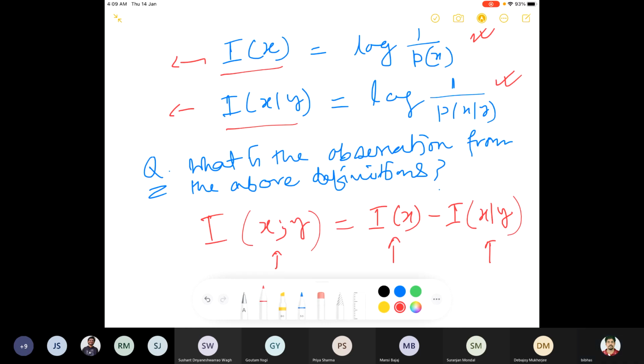It says this must be equal to the self information required to specify x, minus, that means less, I of x given y, which is the uncertainty in the x outcome given y. Do I make any sense?